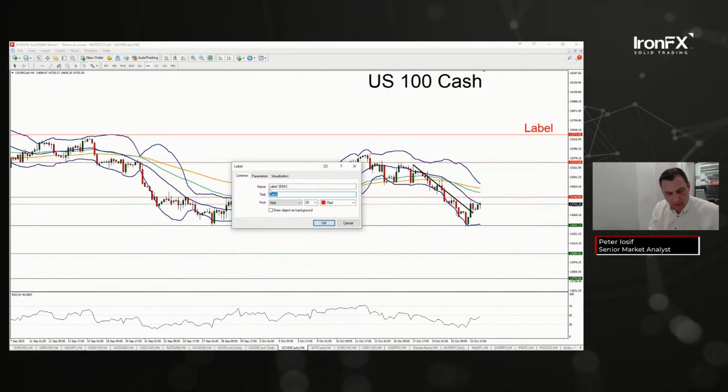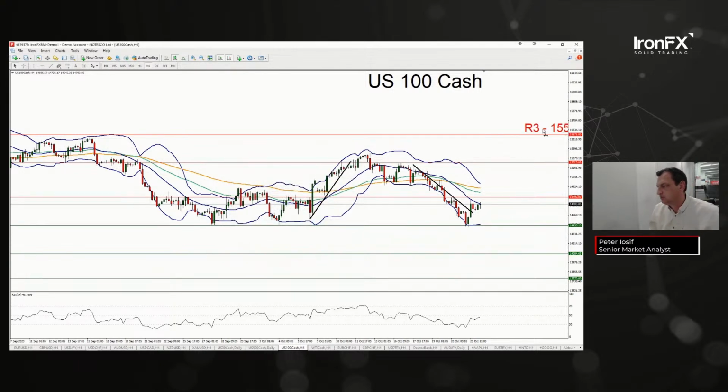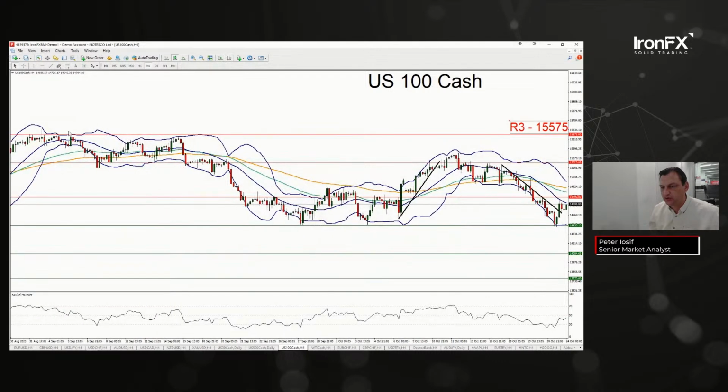Starting with the R3 at 15,575. Could go a tad bit lower. Give me a sec to recheck that. No, it could not. You can see how it provided resistance here.